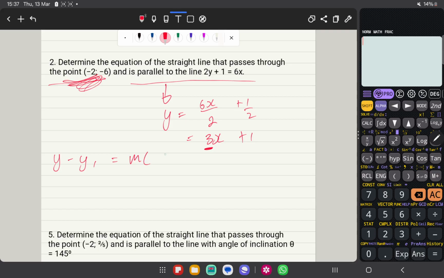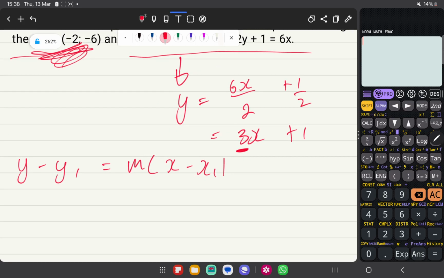Then you have your gradient. You have x minus x1, right? To substitute, it's y minus 6 equals the gradient, which is 3, times x minus 2. That is y plus 6.